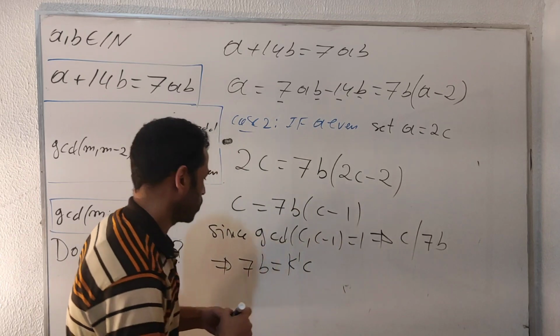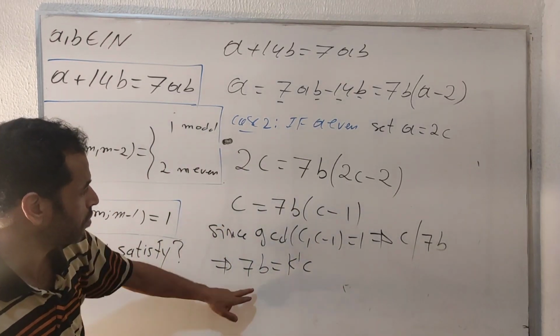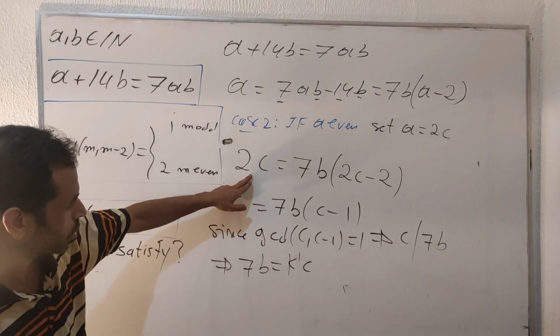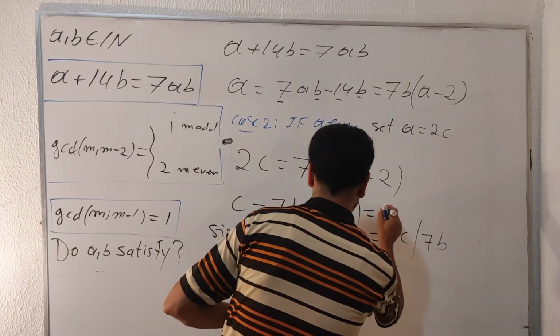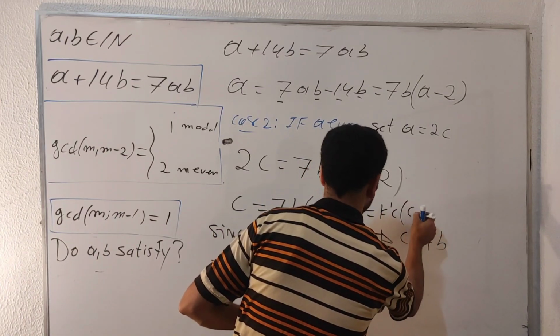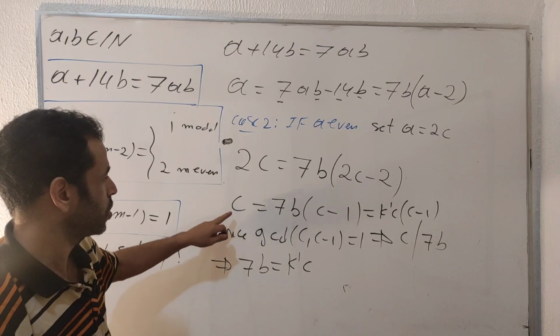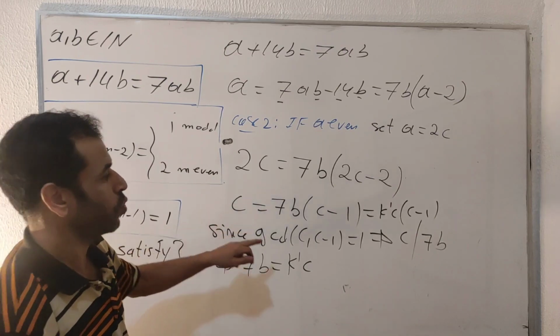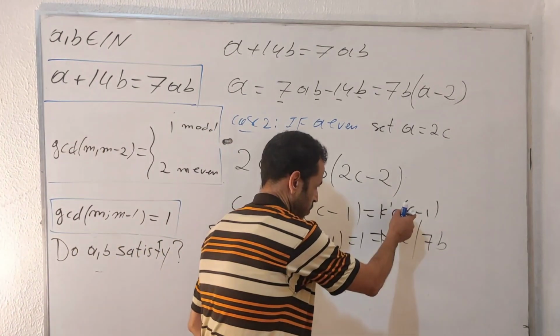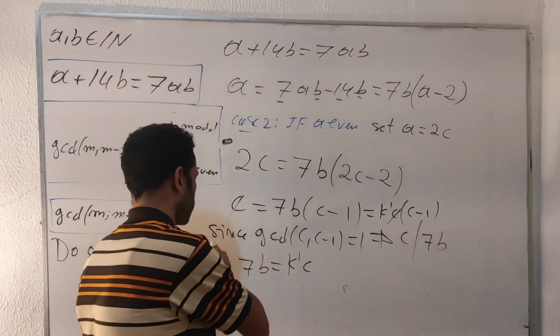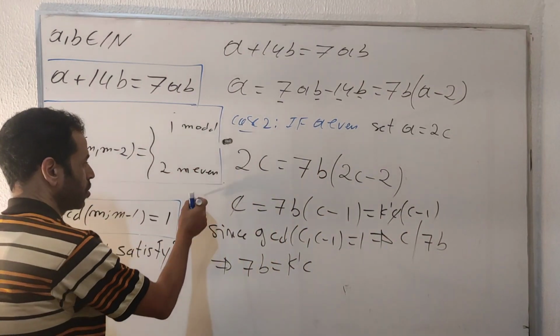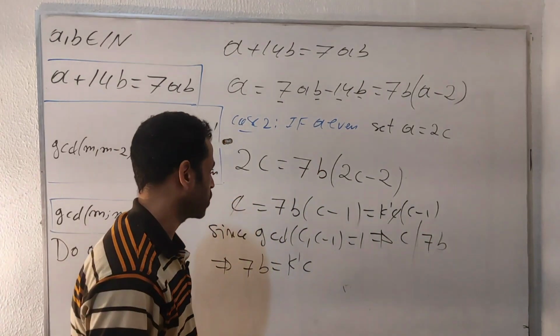So taking the same value that I found now and replacing it back into the original equation, I get K prime C times C minus number 1. Since we get C at the left hand side of this equation, we get C at the right hand side as well. Let's cancel that out because they are natural numbers.